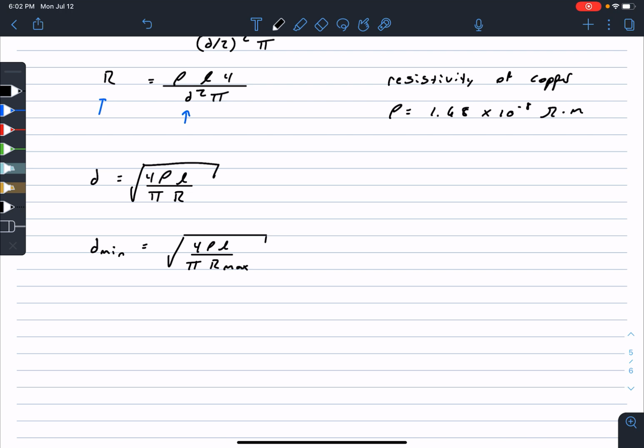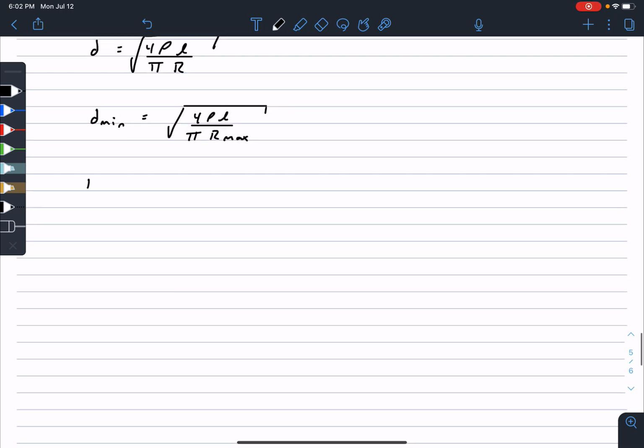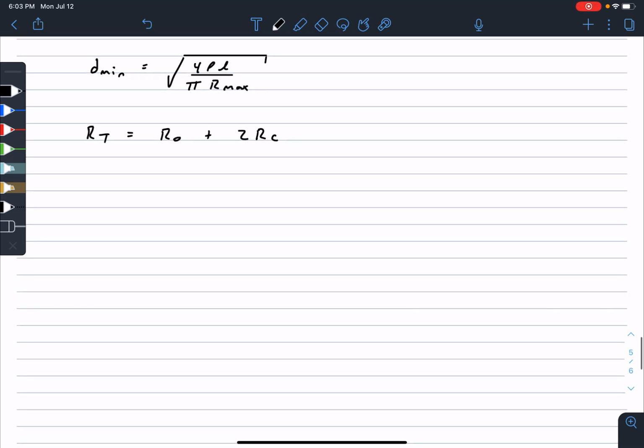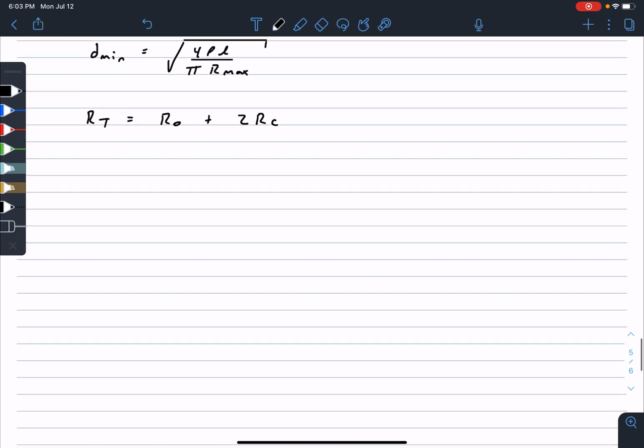Okay, so how do we find R max? Well, we remember that the total resistance of the system, actually, the vacuum plus the cable, was R naught plus 2 times RC. And we recall that we used this relationship of total power delivered was delta V over total resistance squared times R naught, right?